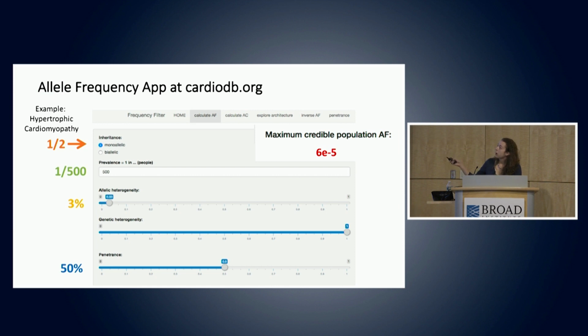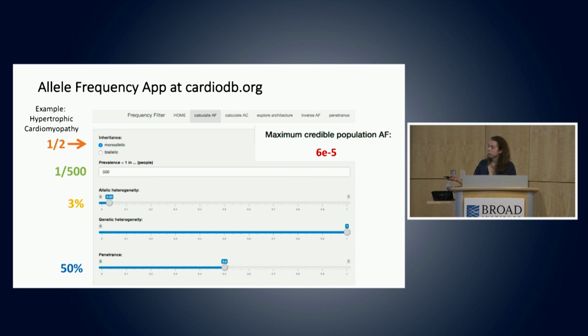This is showing you hypertrophic cardiomyopathy, which we know is a dominant, or monoallelic, condition. The prevalence of the condition is about 1 in 500 people. The most common variant that causes hypertrophic cardiomyopathy in cases is about 3%; 3% of cardiomyopathy is due to 1 variant in MYBPC3.